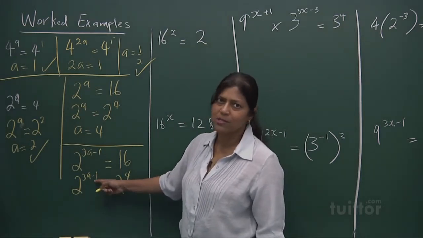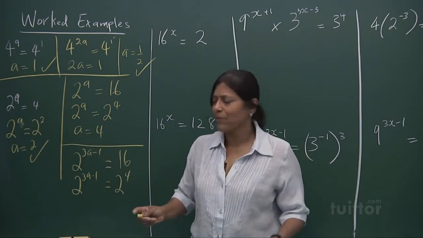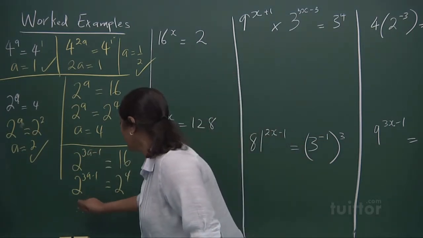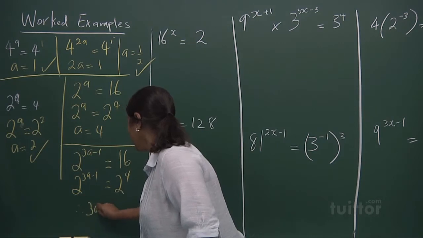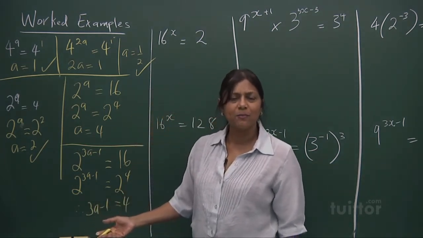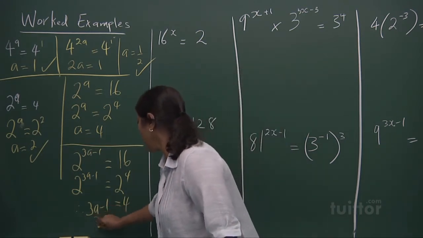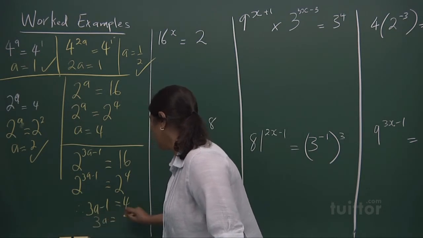So the powers must be equal. Otherwise, you cannot equate them. So therefore, your 3A minus 1 is 4. And so what is A going to be? When you bring your minus 1 over, you get 3A is equal to 5.